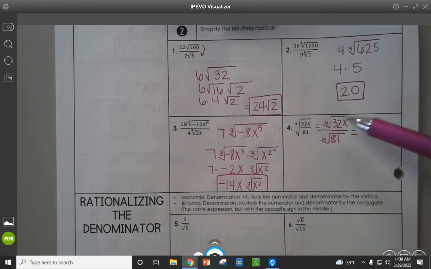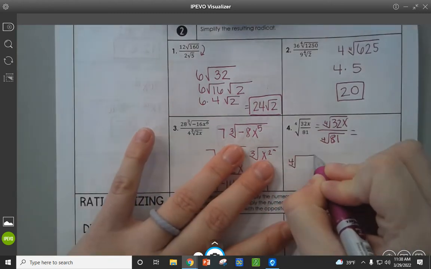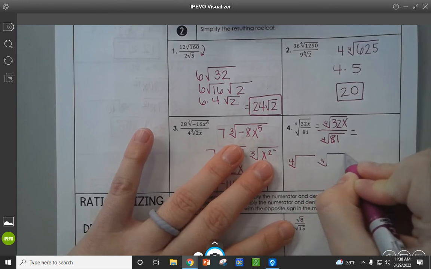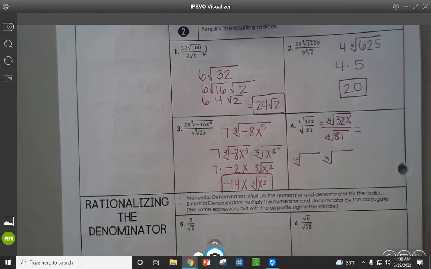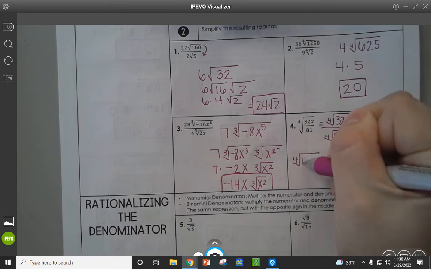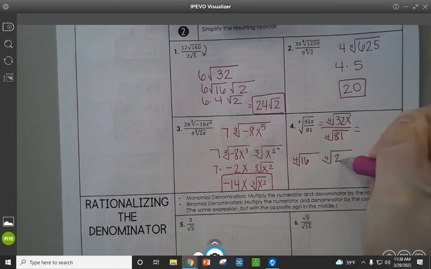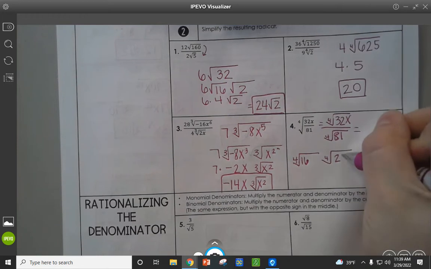No. So it would actually be easier for us to simplify the top and simplify the bottom. So how can we break up the 4th root of 32x? Remember, we're looking at 4th roots. 16 is the only perfect 4th that goes into 32. 16 and 2. Now this x, is it perfect? Nope, so the whole thing goes over there.